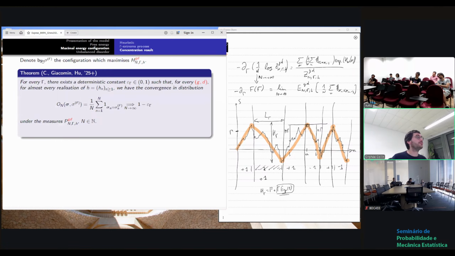So here is the theorem. If we denote by sigma f the configuration which maximizes the energy, then we can show that the overlap between sigma taken under the Gibbs measure and this configuration sigma f converges in distribution towards 1 minus epsilon gamma.